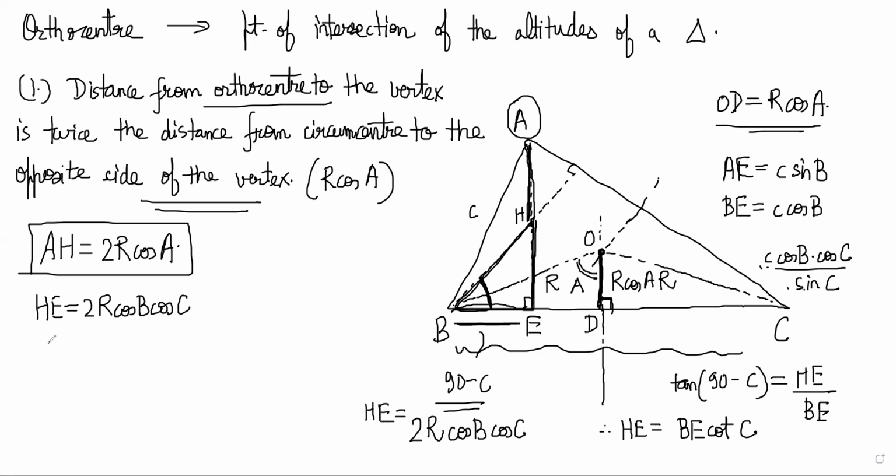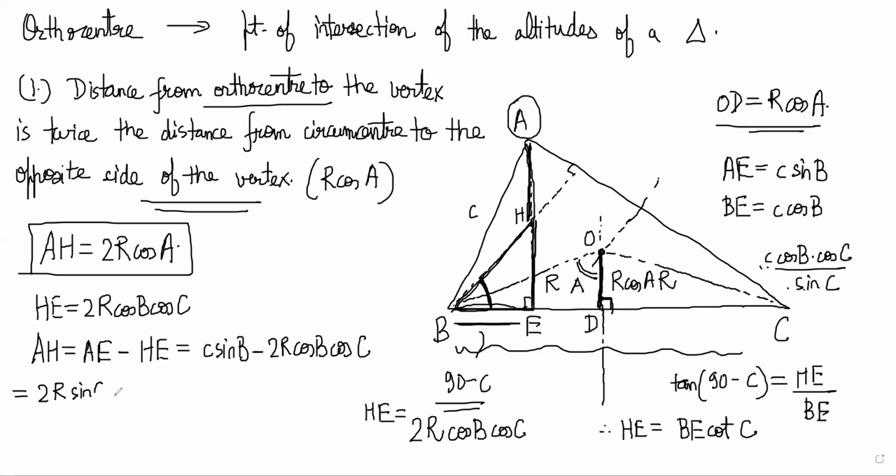I want to find AH distance. So AH is equal to AE minus HE. So that will be AE will be C sin B minus 2R cos B cos C. And C sin B can be written as 2R sin C sin B minus 2R cos B cos C. Here again I am using sine rule, and now you can take 2R common.